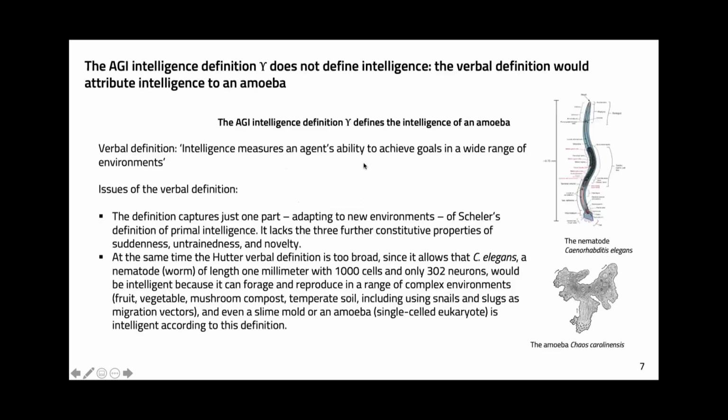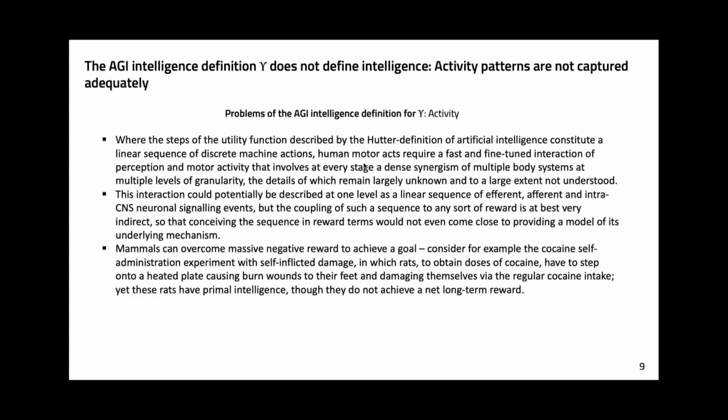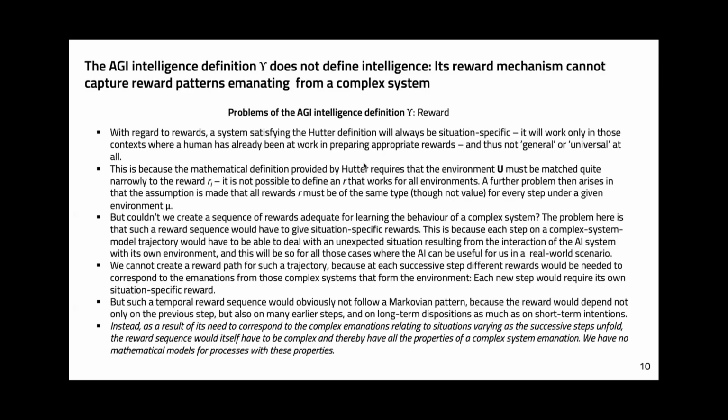So basically there's only one type. Yes, this type can obtain different values, but probably in animal and human behavior, there are many different types of rewards, and we cannot model this. Then the question is, couldn't we create a sequence of rewards adequate for learning the behavior of a complex system?